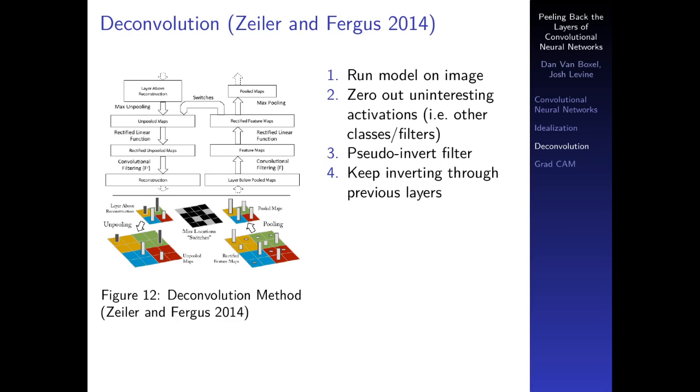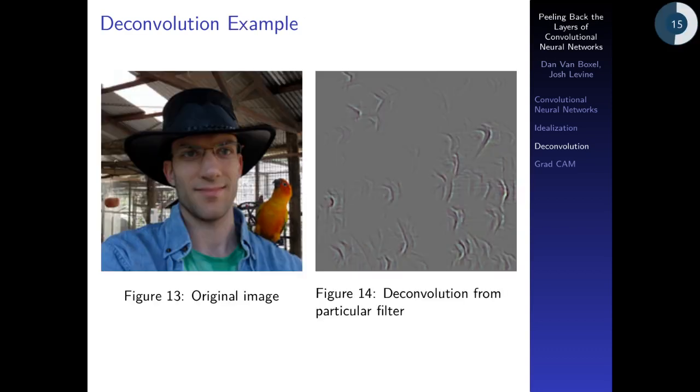There's a problem in that you can't perfectly invert. One, due to the nonlinearities, and two, there's information you're losing, and you're spreading out information spatially and gaining it in other ways. So you can only pseudo-invert this, but you can do it, and you can go backwards through all your layers to try to see what image would have gotten me to this maximally activated case.